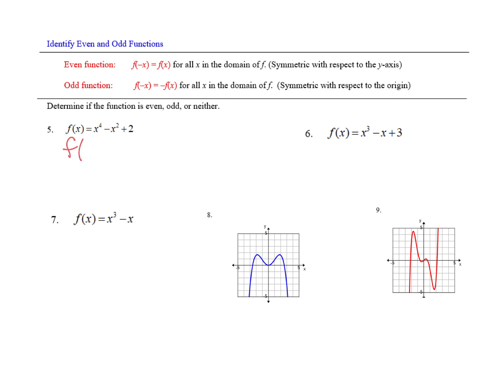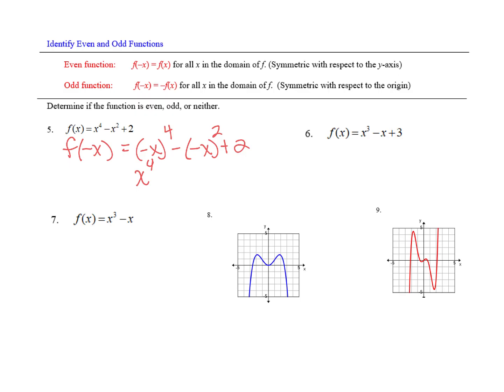If I plug negative x in, I'm going to get negative x to the 4th power minus negative x to the 2nd power plus 2. Well, negative x to the 4th power, that means multiplying negative x times negative x times negative x times negative x. That's going to give me, because there are 4 negatives, positive x to the 4th.